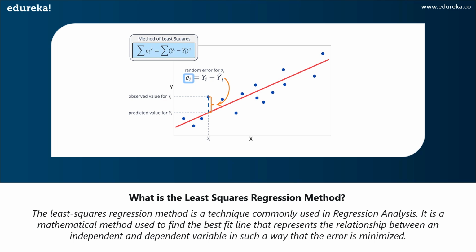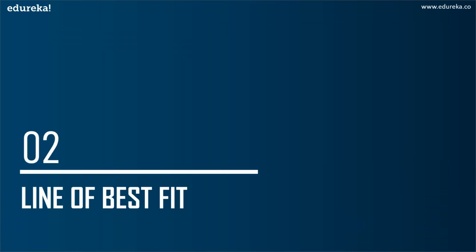Linear regression is about finding the relationship between two variables in which one is a dependent variable and the other is an independent variable. To understand the least squares regression method, let's get familiar with the concept involved in formulating the line of best fit, right? Let's understand what exactly we mean by line of best fit, because this is the most important part of the least square regression method.